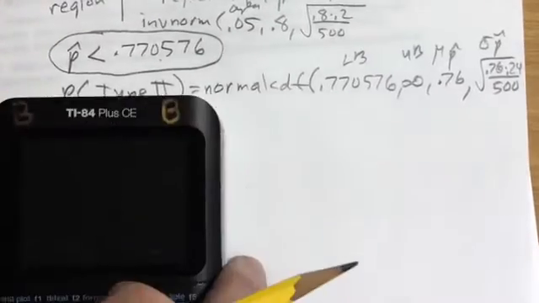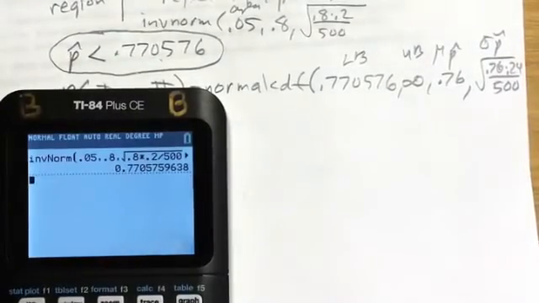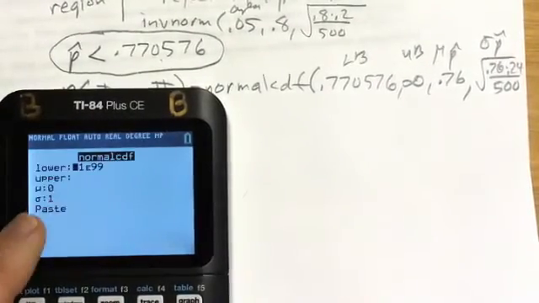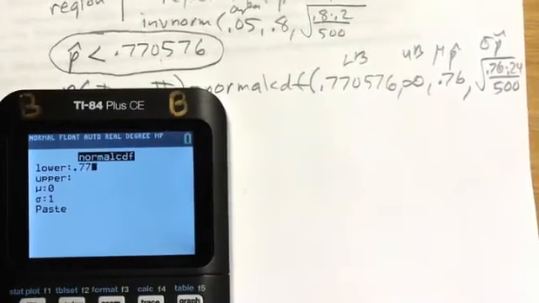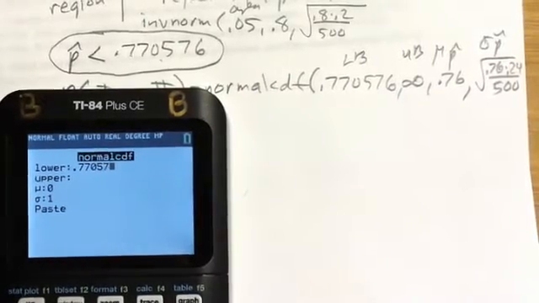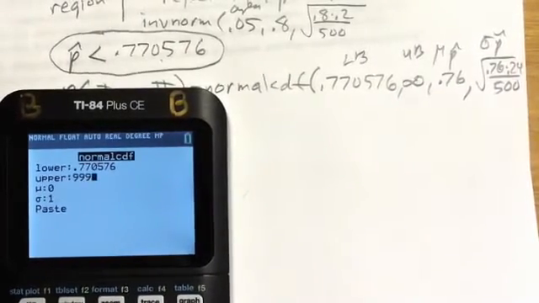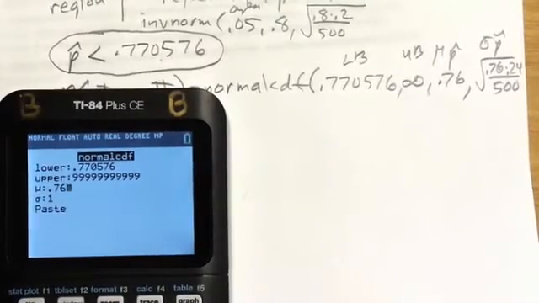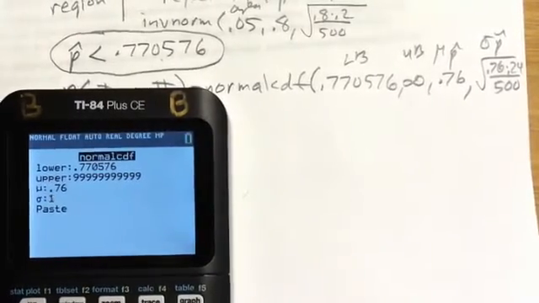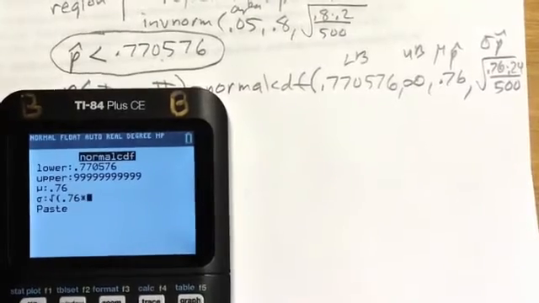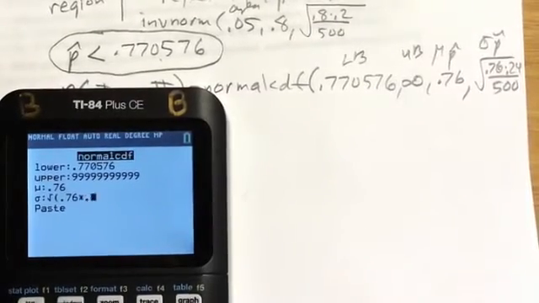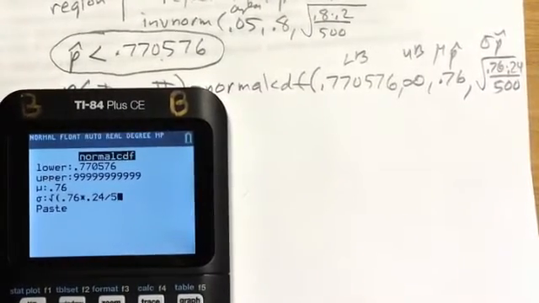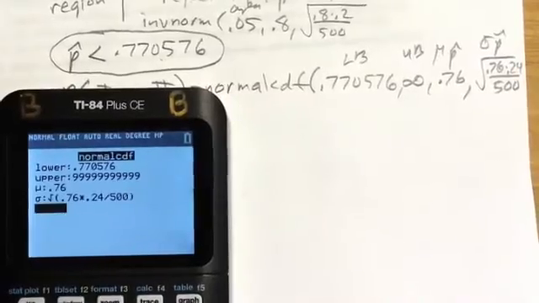So on the calculator, second distribution, normal CDF from 0.770576 to infinity. We'll just hit like 9 billion or something, that'll work. And then the mean is 0.76. And our standard deviation would be the square root of 0.76 times 0.24 divided by 500, like that.